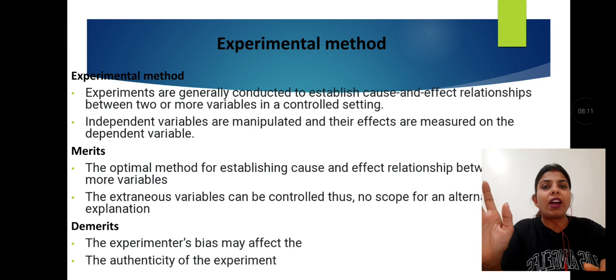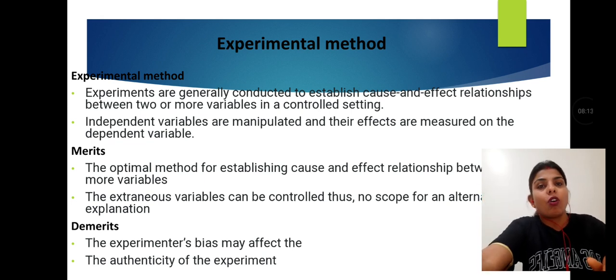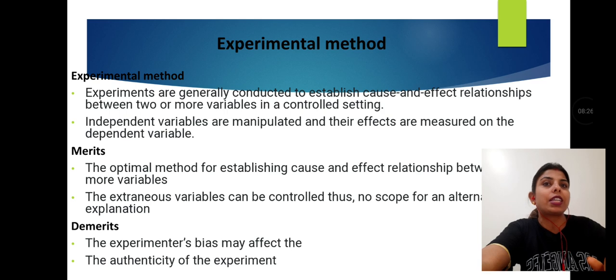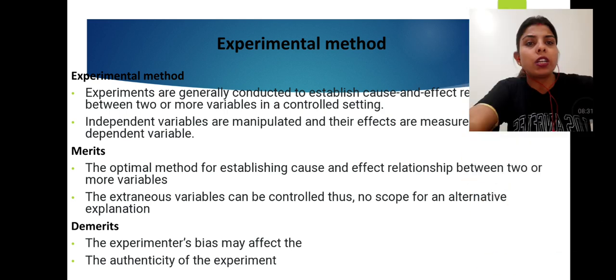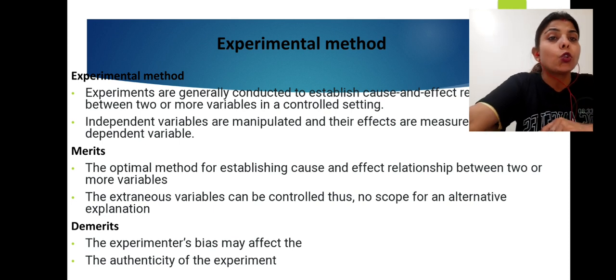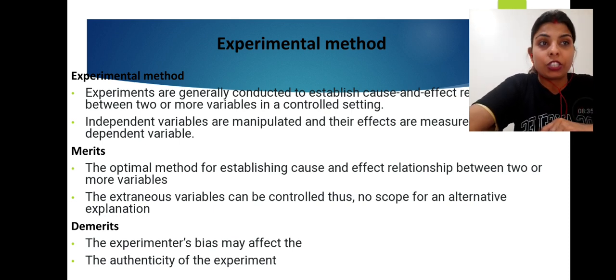Okay, so the advantages or merits: it is the optimal method of establishing cause and effect relationships between variables. Controlled settings ensure accuracy and reliability. Results can be replicated. The extraneous variables can be controlled, thus there is no scope for an alternative explanation.